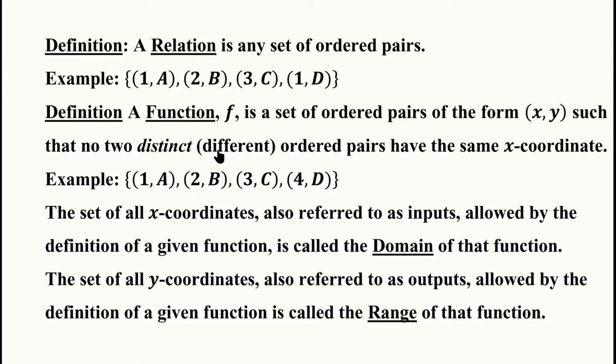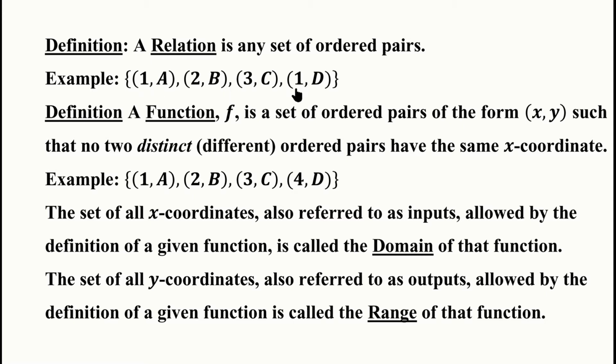So, for example, this relation that we saw up here would fail the function requirement because we can see that these two ordered pairs are different. When you see distinct in mathematics, basically it just means different. They're not the same ordered pair, but notice they have the same first coordinate.